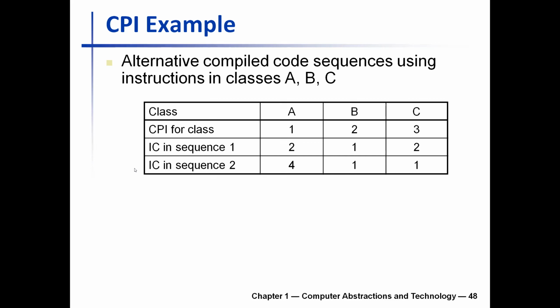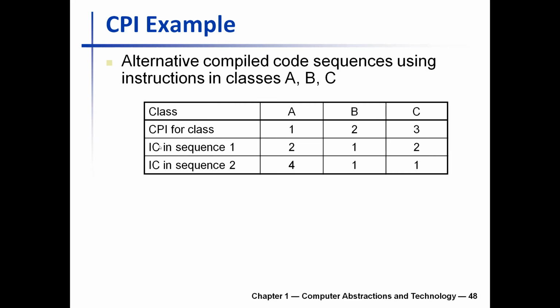And we have 2 different assembly sequences given by our compiler. The compiler may be optimized for different purposes, right? The same program, optimized for one purpose, will give sequence 1, and optimized for a different purpose will give sequence 2.